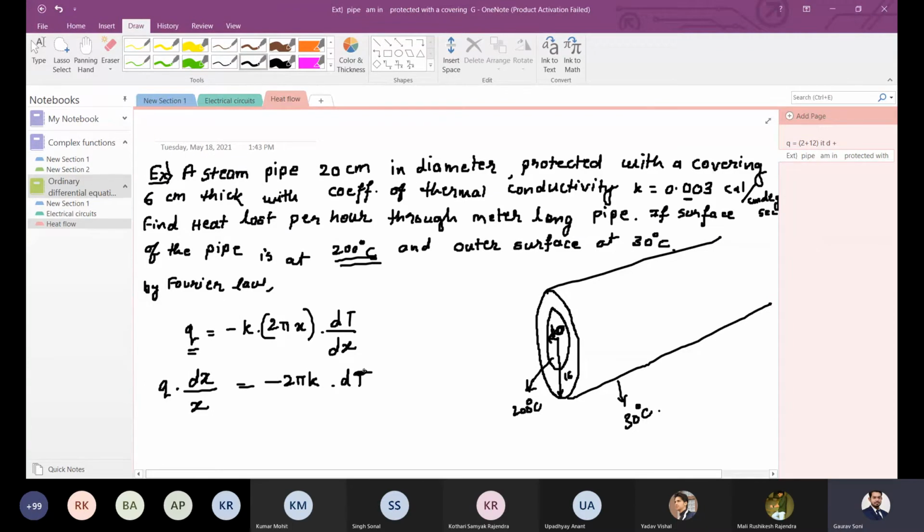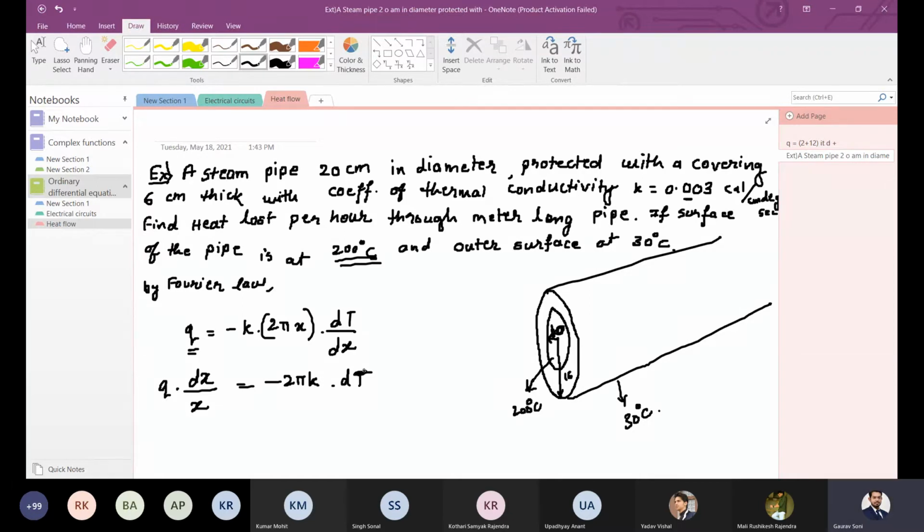So how is that 16, sir? There is a covering of 6 centimeter. The pipe has diameter 20, so the radius is going to be 10. There is a covering of 6, so 10 plus 6, the outer radius will be 16.